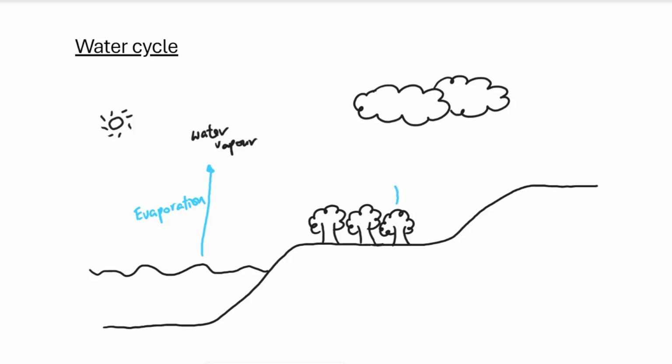Next, all of the plants that we have can also let water vapor escape from the surface, and this is called transpiration. You might remember coming across this a couple of chapters ago: it is the loss of water vapor by evaporation through the stomata.